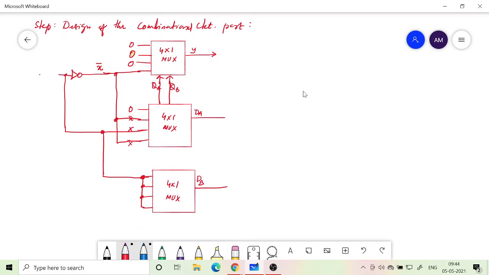So I have done my combinational circuit. So earlier, when I drew it as the combinational circuit as a block diagram, I can put all of this in a block diagram. So this is my combinational circuit.